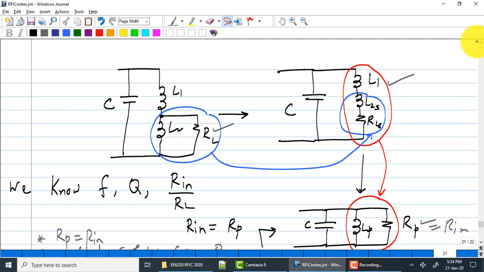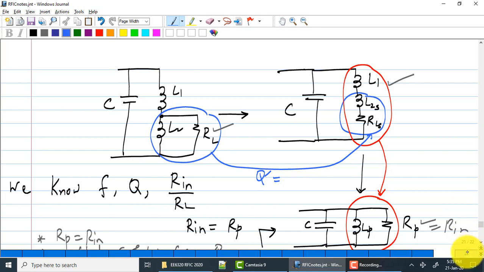So for this blue transformation, this is some Q prime. Do you know Q prime? Of course you know Q prime. You are doing a parallel to series transformation. What is Q prime? When you do a series to parallel transformation, the parallel resistance is the series resistance times 1 plus Q squared.